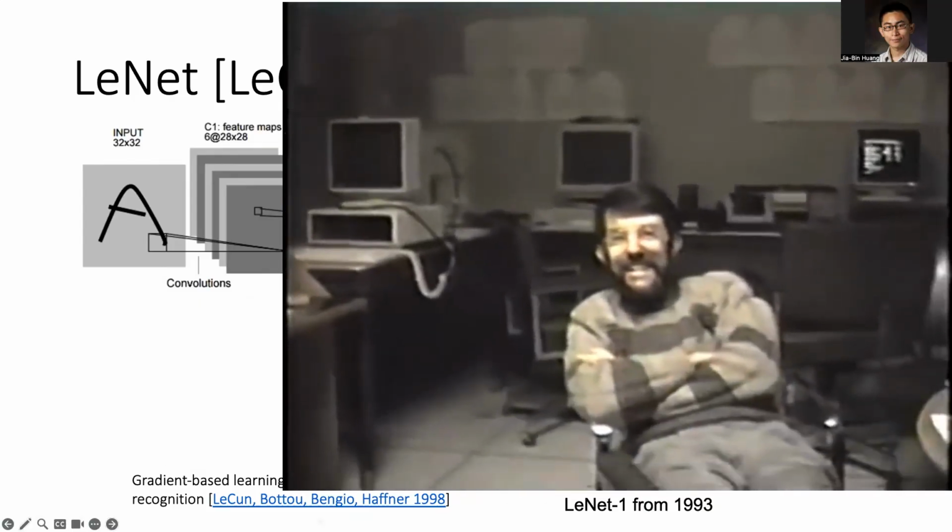Okay. So today, if you write a letter and send it through the post, your address is going to be read by a CNN, which turns the handwriting into the actual address. It now runs at scale and is very robust.